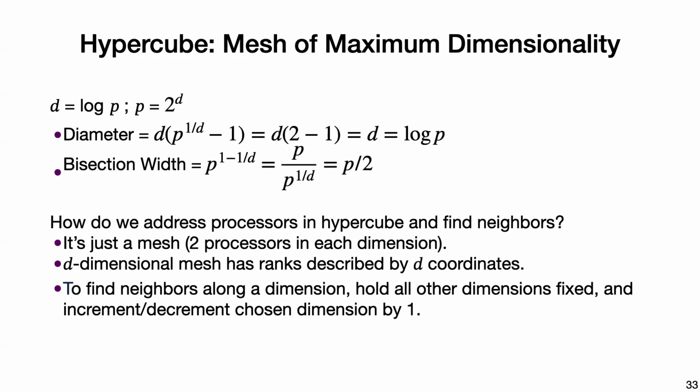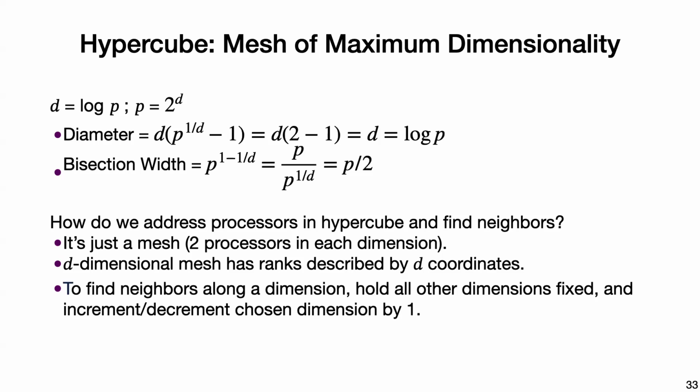And the diameter is the maximum length between any 2 points in terms of number of hops. And we know that if the bit string that you represent the nodes as has length log p, then the maximum number of bits you have to flip to get between any two bit strings is log p, and that's the worst case. And you can flip 1 by moving between any neighbor.